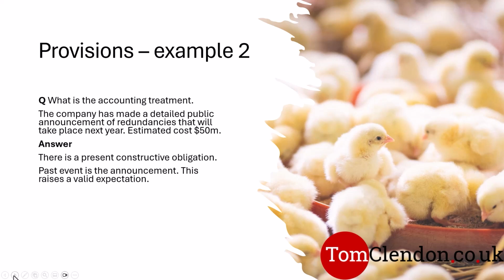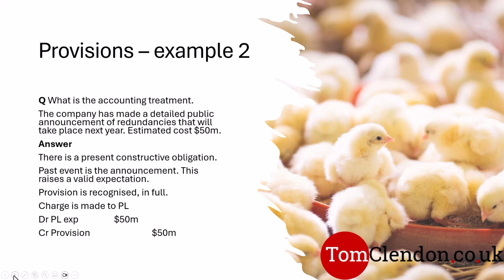So what we have here is a probability that we're going to carry out that decision. We've got a reliable measure of the 50 million, as a number. So we recognize the provision. We recognize it in full. And once again, we're going to be effectively charging this to the profit and loss account. We're going to be recognizing a liability in full for the 50 million.